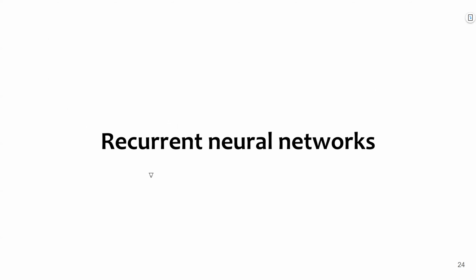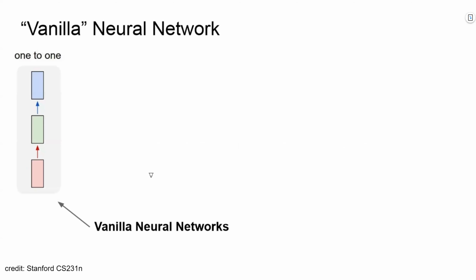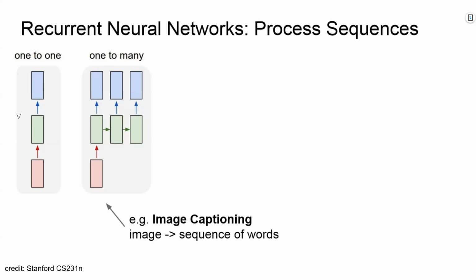Okay, from now on, let's talk about recurrent neural networks. Vanilla neural networks can only take in one input and output just one type of output. However, we want to process sequences, and the input can be just fixed.